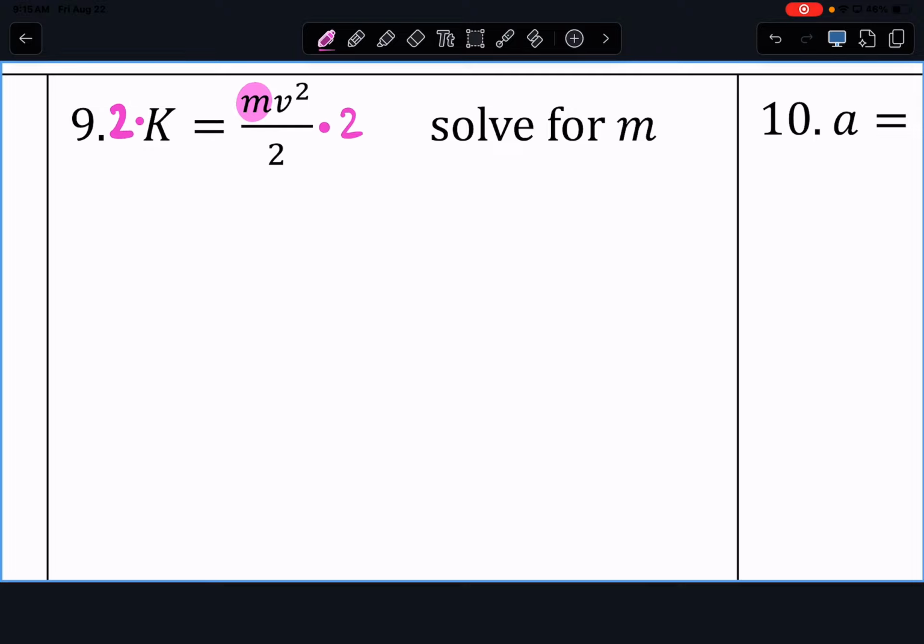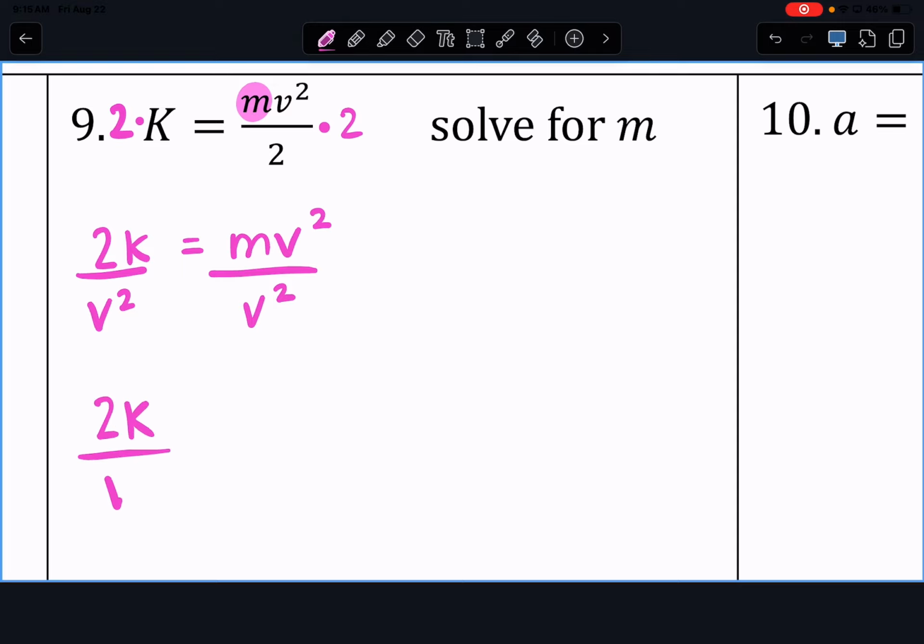Before we can deal with the numerator of a fraction, we have to get rid of the denominator of that fraction. So we're going to multiply both sides by 2. So we get 2k equals m times v squared. Now I'm solving for m. So I have m times v squared, so how do I undo that? Divide both sides by v squared. So we get 2k divided by v squared equals m.